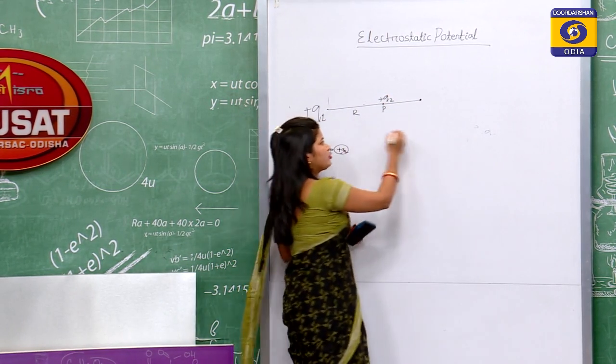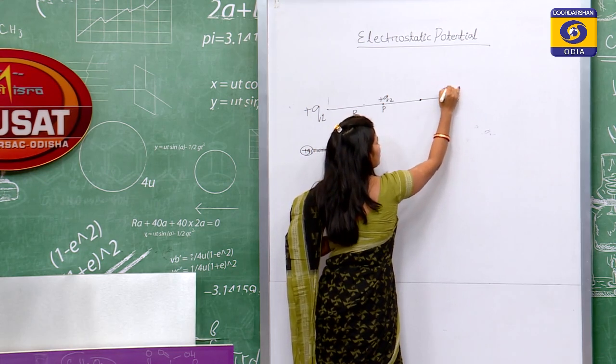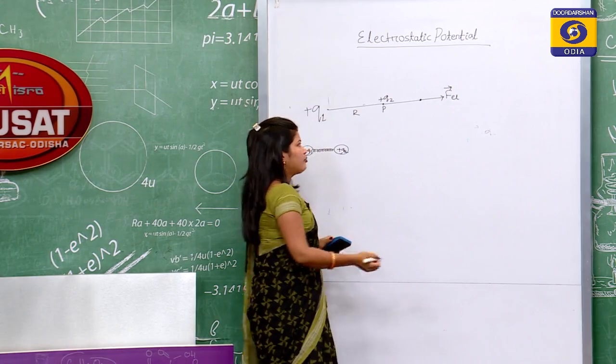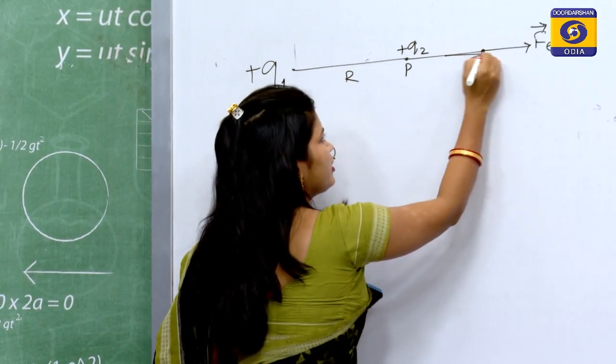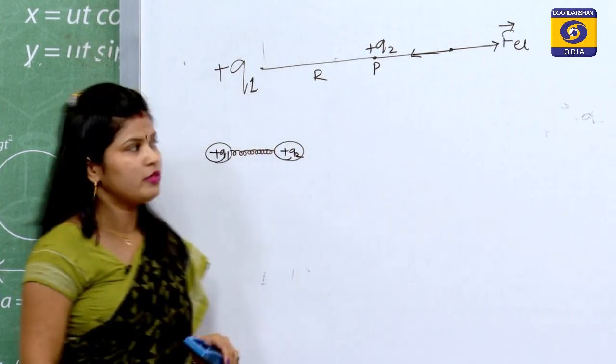Suppose I am here. The force due to repulsion, that is electric force, is in this direction, and my force, that is the external agency or electric generator, what you can say.